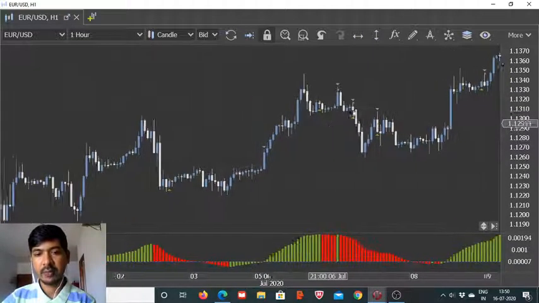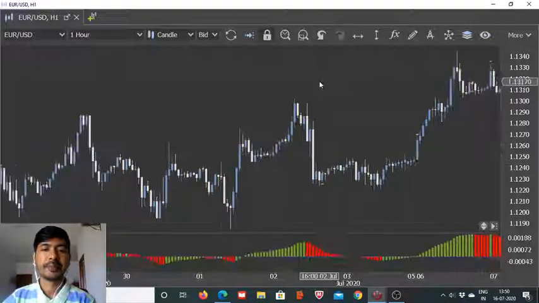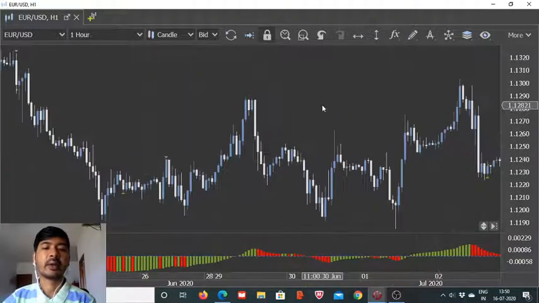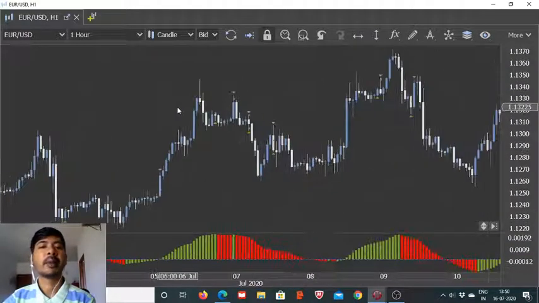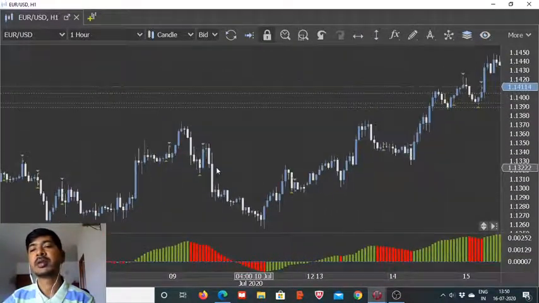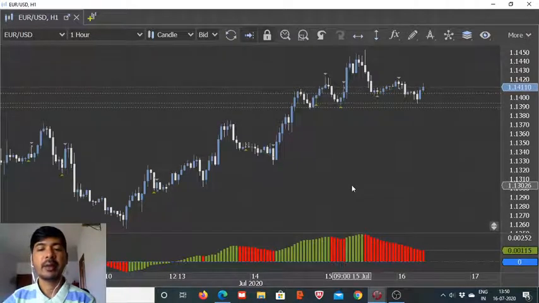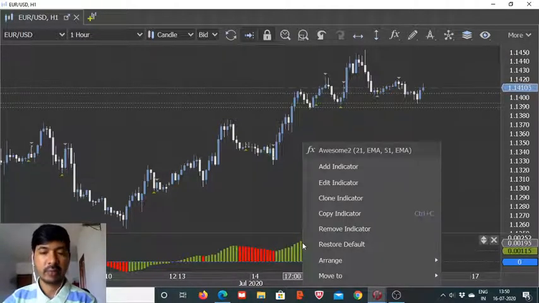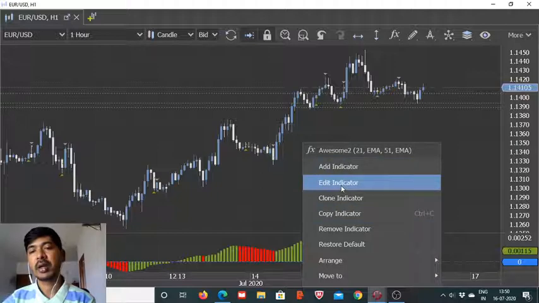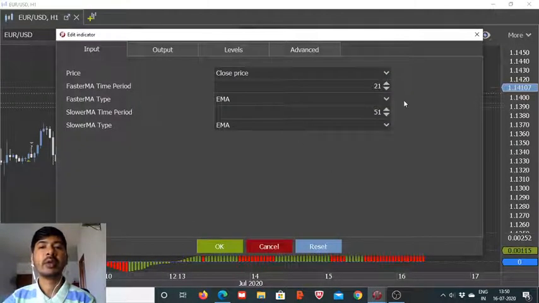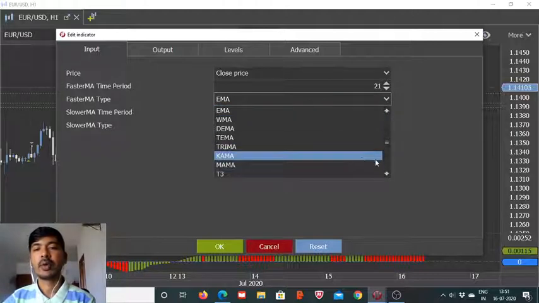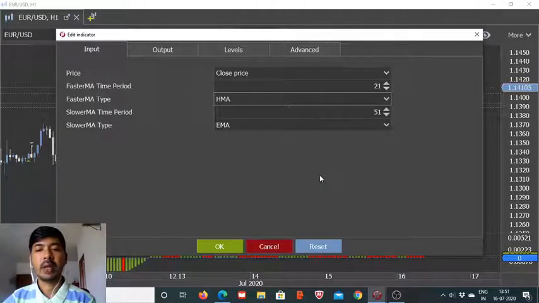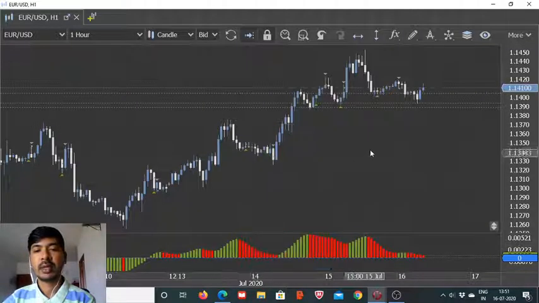And here we have these different parameters, different output values. The output parameter values have changed in a significant manner. Now again, if we want to do some changes and we want to use a different type of MA, moving average, suppose if we want to use HMA, then you will have to change.